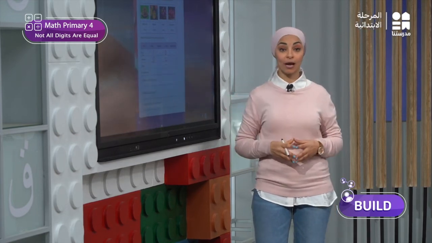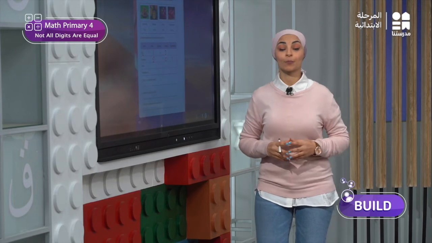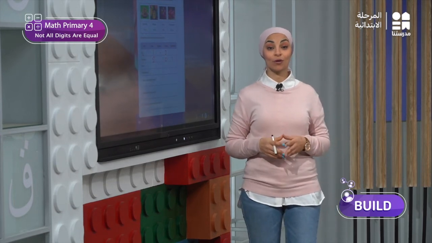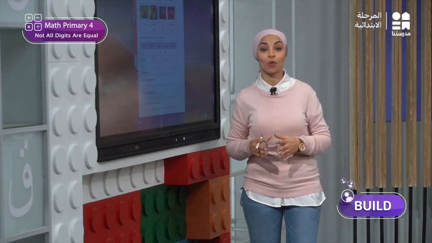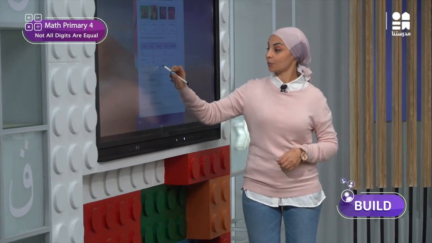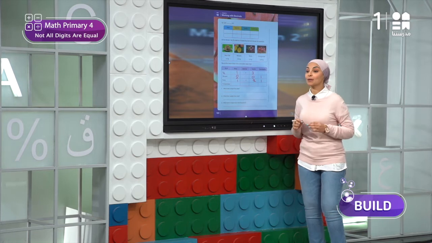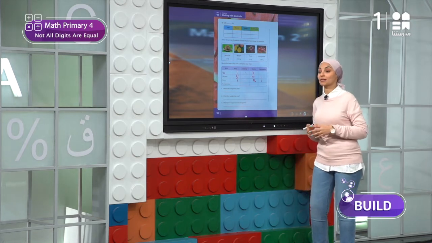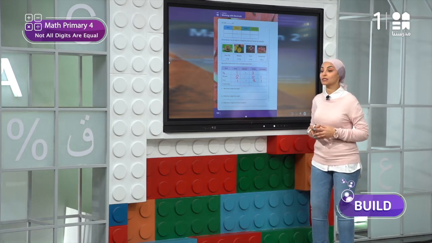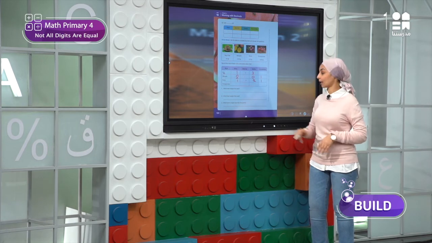The mass of the plums, plums يعني برقوق, is 1.21 kilograms. And the mass of the pomegranates is 2.25 kilograms. Okay?